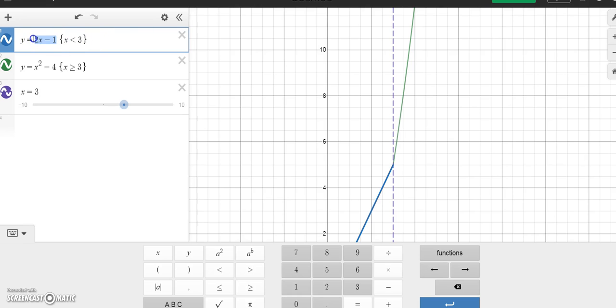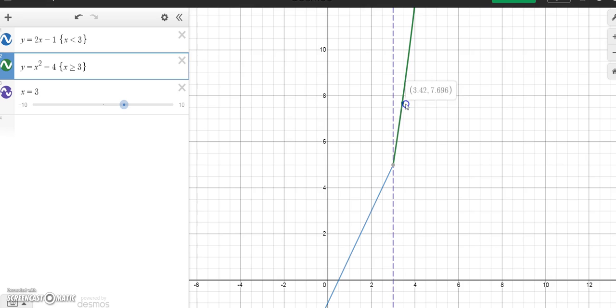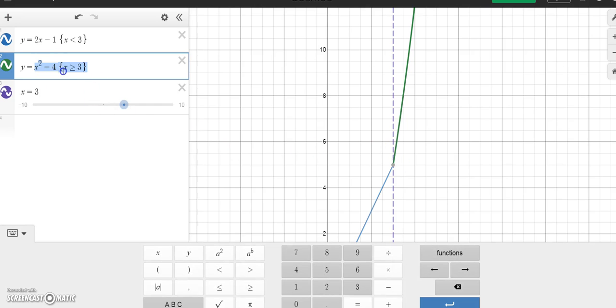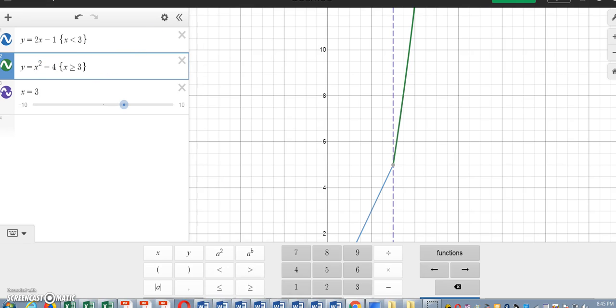So as x approaches 3 from the left, you'll be coming in on this function, and so 2 times 3 minus 1 is 5. But if you find the limit of this piecewise function as x approaches 3 from the right, you're coming in on the quadratic function. And so you would plug it in here. 3 squared minus 4 would be 5. Now fortunately they're both the same value.